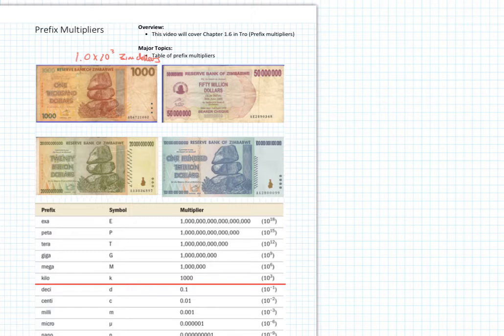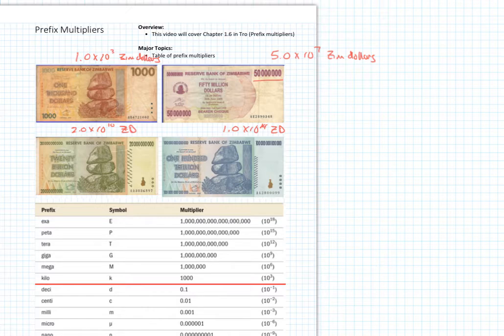The $50 million note was 5.0 times 10 to the 7 Zim dollars. The $20 billion note was 2.0 times 10 to the 10, and we'll call it ZD. How's that for Zimbabwe dollars? And the $100 trillion was 1.0 times 10 to the 14 Zimbabwe dollars.